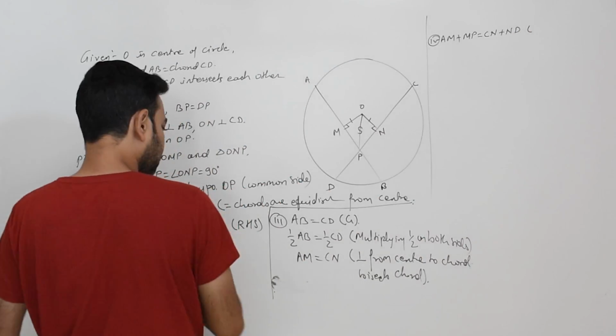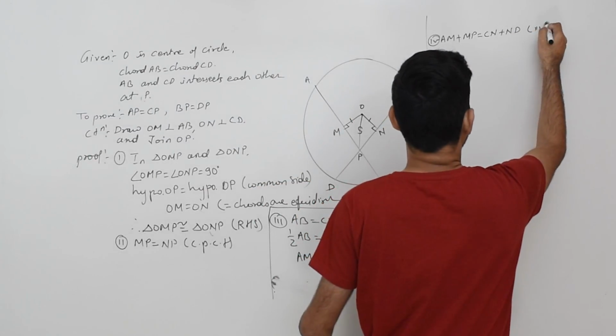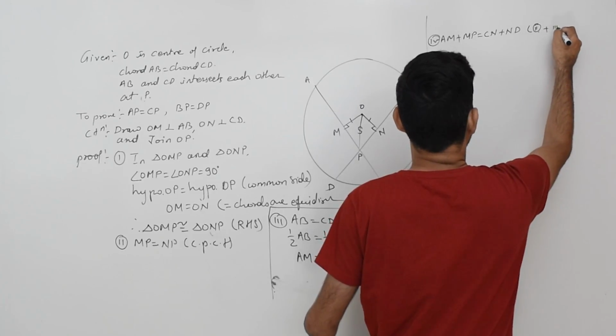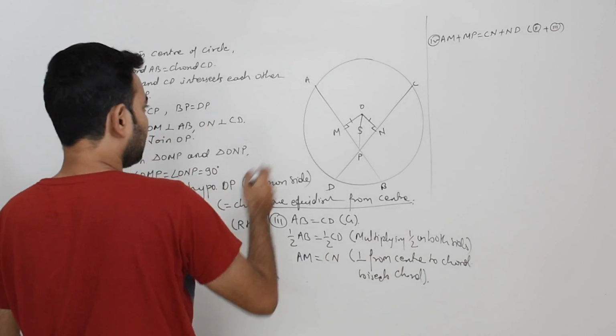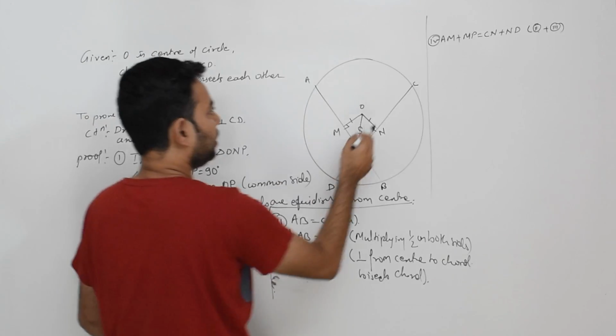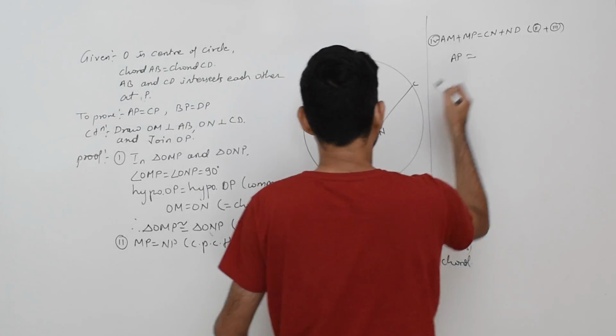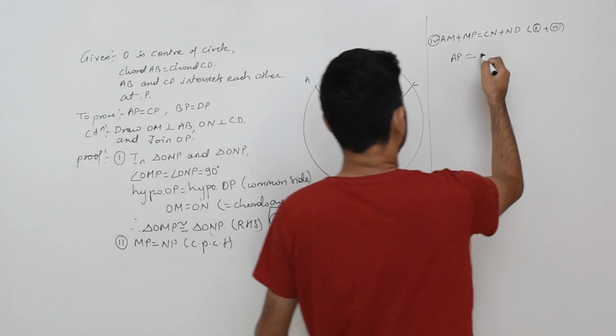Adding 2 and 3. Now AM plus MP is AP and CN plus NP is CP.